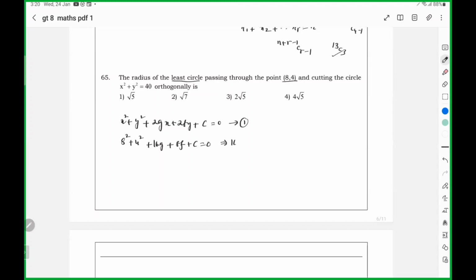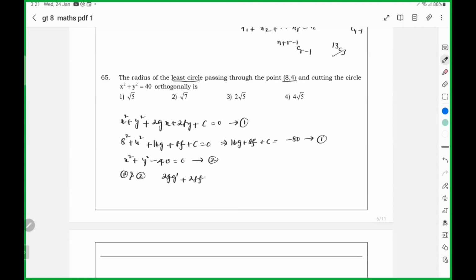From here we get 16g plus 8f plus c equals minus 80, and cutting this circle orthogonally. So 1 and 2 intersect orthogonally.